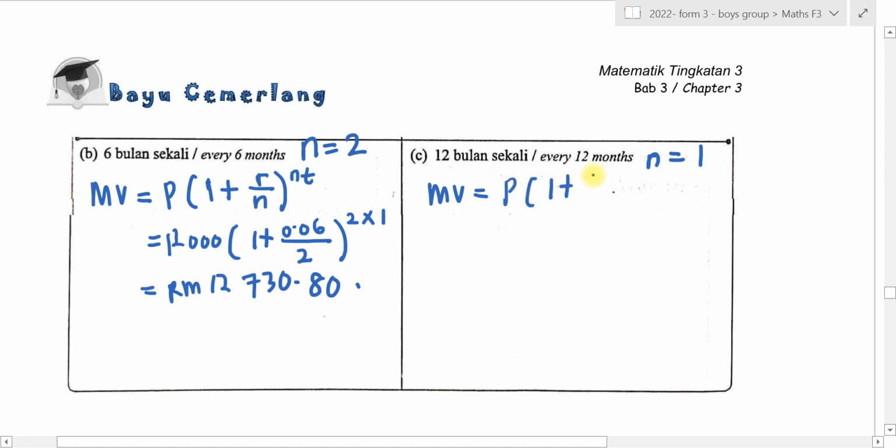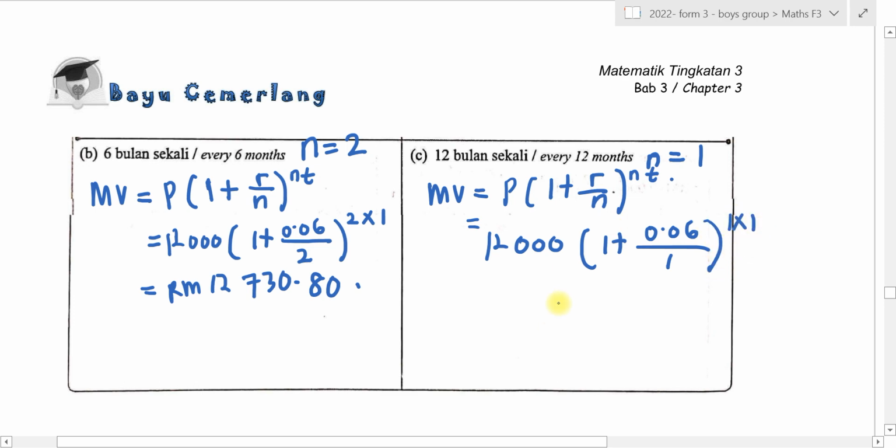That's why you need to keep on writing the same formula so it will somehow save in your CPU already. Principal, 12,000. 1 plus R is 0.06 over N, N equal to 1. 1 times 1, 1. Okay, so how much is that?